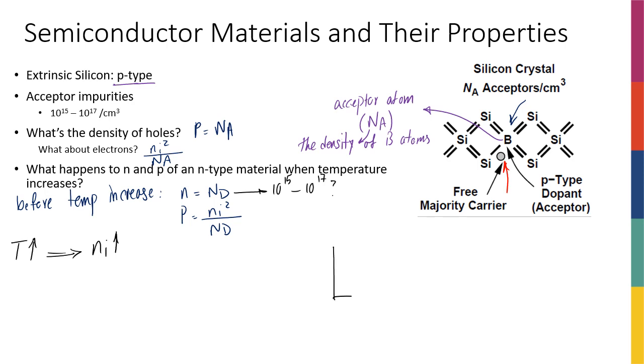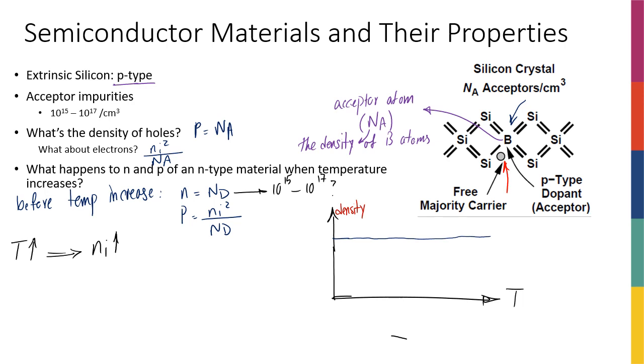No, right? So if I want to plot this, this is the temperature, and this is the density. If the density of electrons initially was here, if I increase the temperature, this more or less remains constant, right?